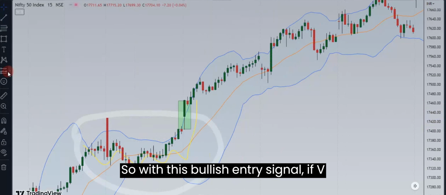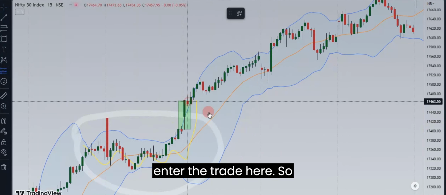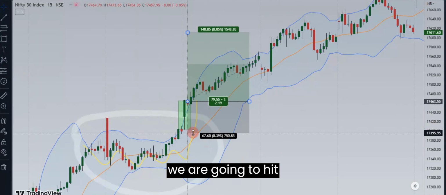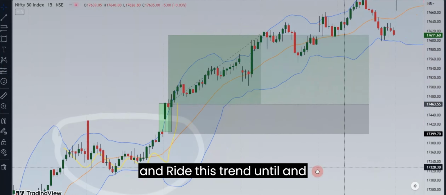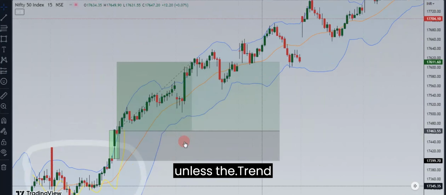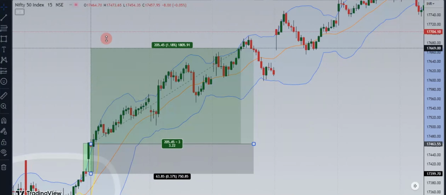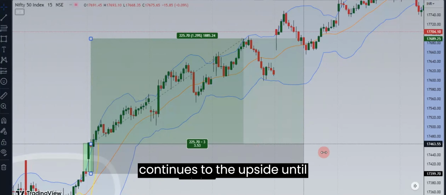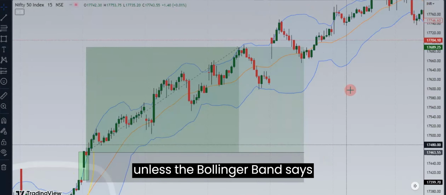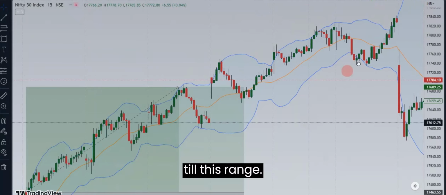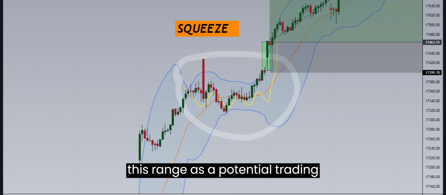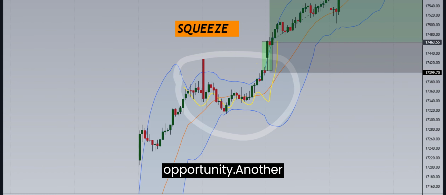With this bullish entry signal, if we enter the trade here, we are going to ride this trend for as long as the trend continues to the upside, until the Bollinger Band squeezes again and the price closes back within the range.